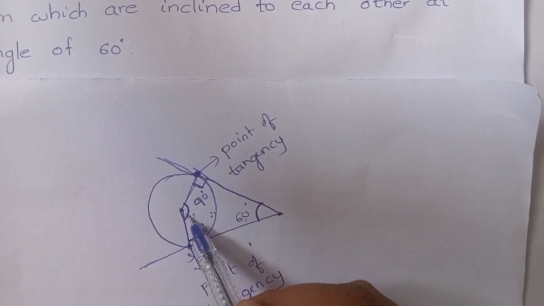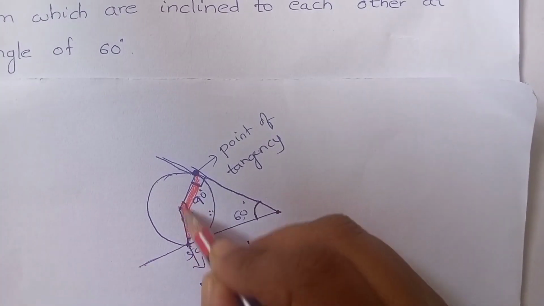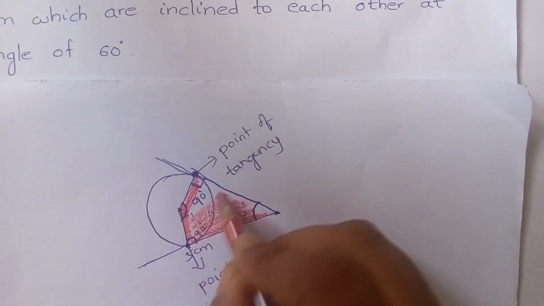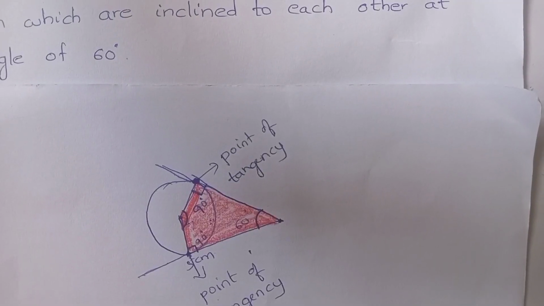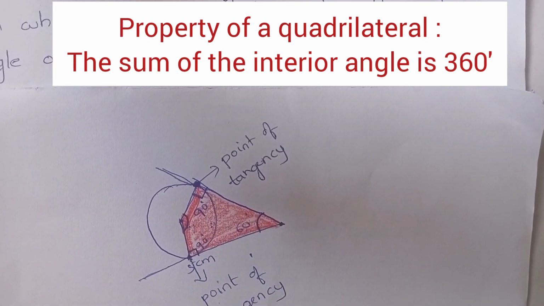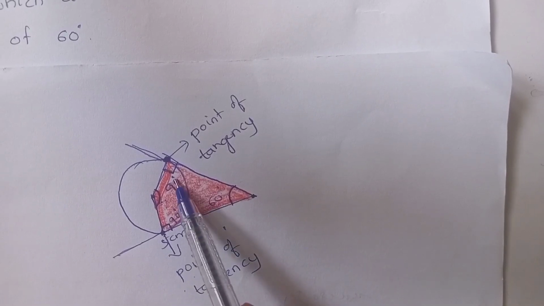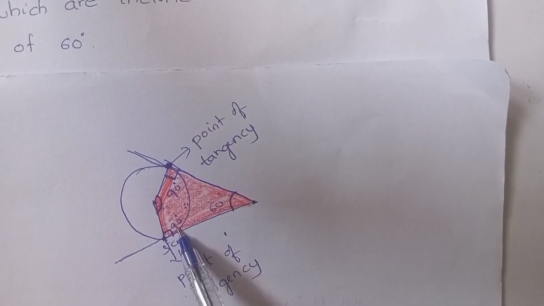Now what about this angle? Now look at this. This is a quadrilateral, right? In a quadrilateral, the sum of all the interior angles is 360 degree. In this, we know the measurement of only three angles.